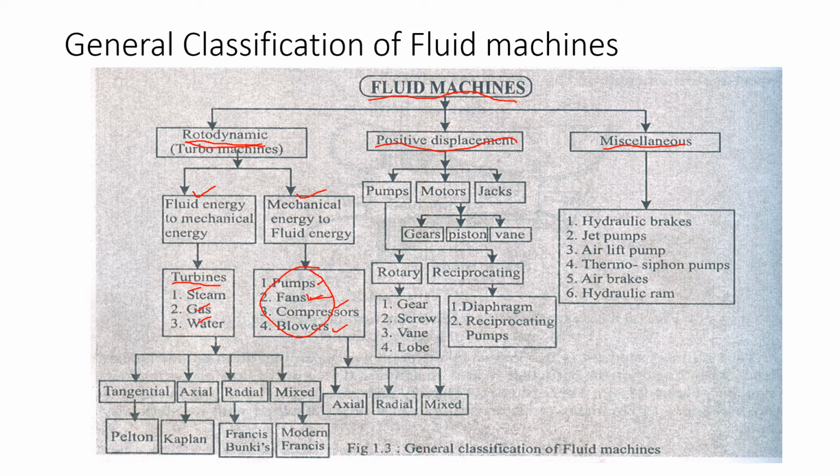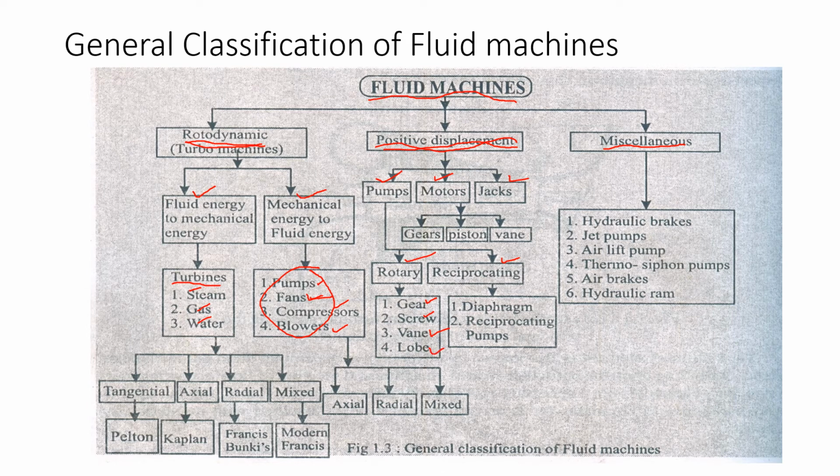In the positive displacement machines, we again have different types: pumps, motors and jacks. The pumps are classified again into rotary type and reciprocating type. In the rotary type of positive displacement machine, we have gear pump, screw pump, vane pump, lobe pumps.